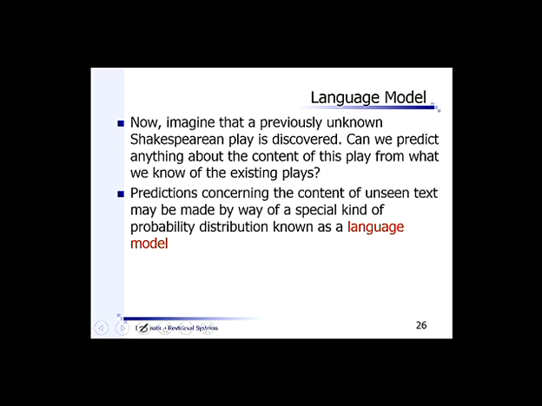Language model. Now imagine that a previously unknown Shakespeare play is discovered. Can we predict anything about the content of this play from what we know of the existing plays? Well, you will agree with me that if you read a lot about a particular author and I give you some piece of text and say that this text is written by that author, you can say with some level of confidence, because every writer has his or her own style.